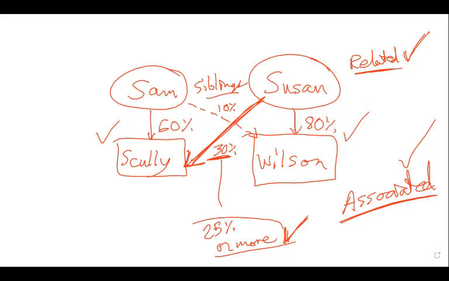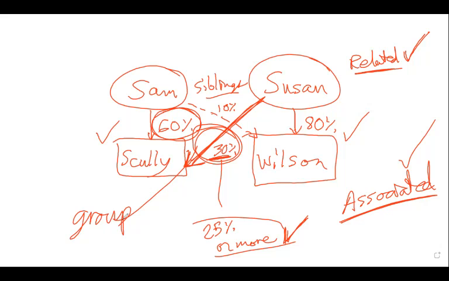So if you picked one or the other, that's good enough for me. But it is true in this case that Sam and Susan are a group because they own shares in the same company. So Sam and Susan, through this ownership of the 60 and the 30, that makes them a group.